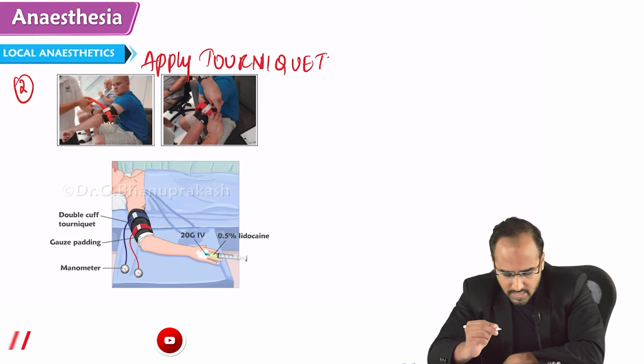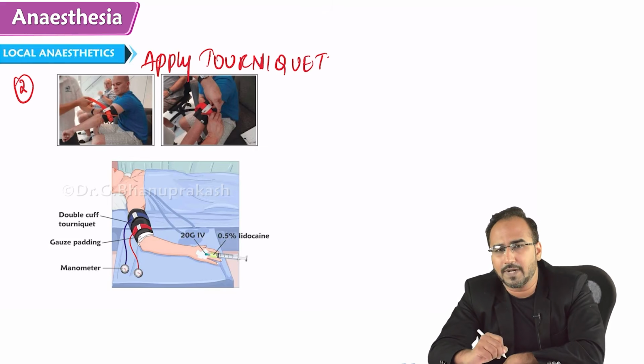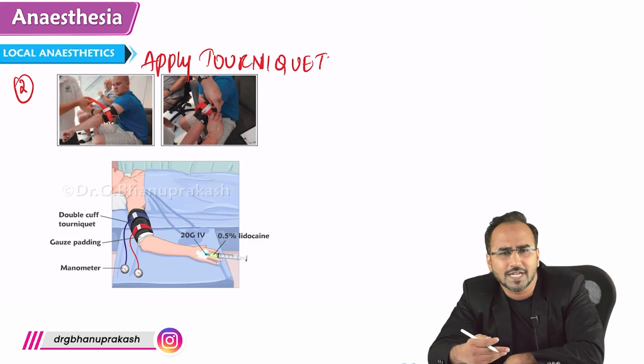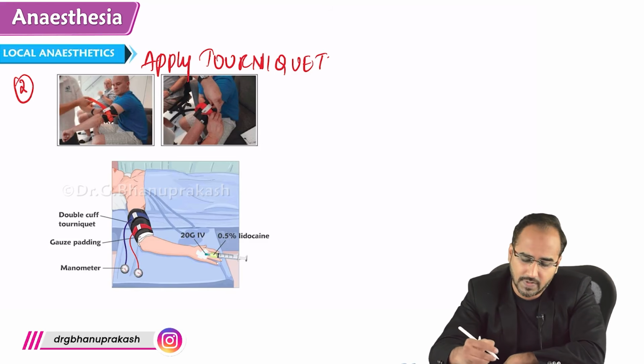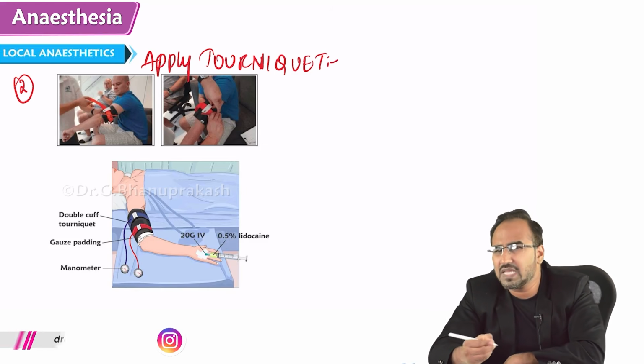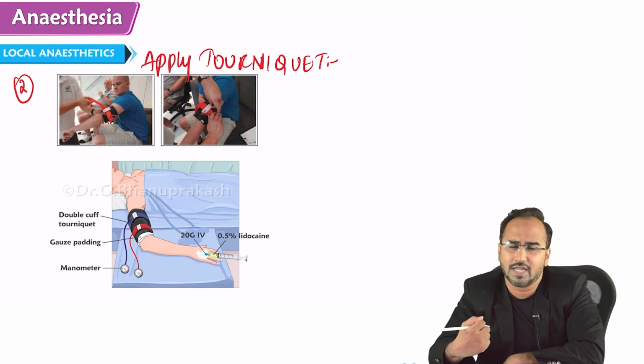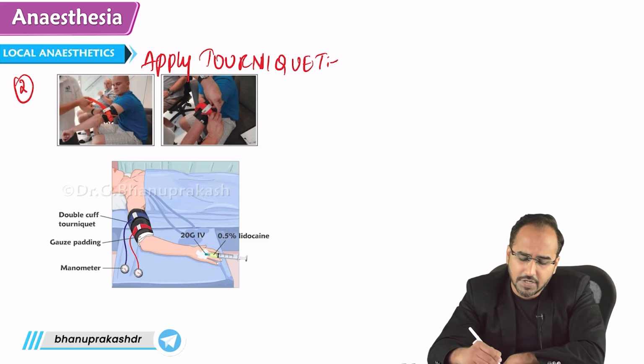Anything that is used to apply pressure is called a tourniquet. Anything that you apply on the patient's hand or legs in order to put pressure, in order to block the supply of the blood, is called a tourniquet, right? It could be a BP cuff, it could be a rope, it could be a glove. It could be anything. So apply a tourniquet.